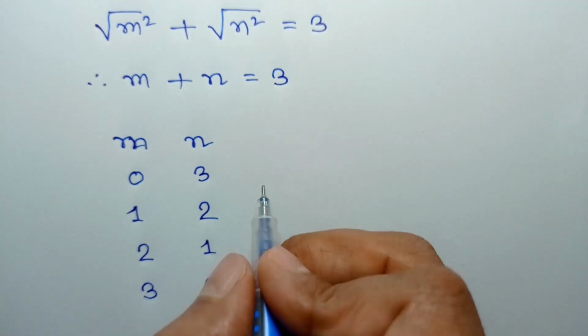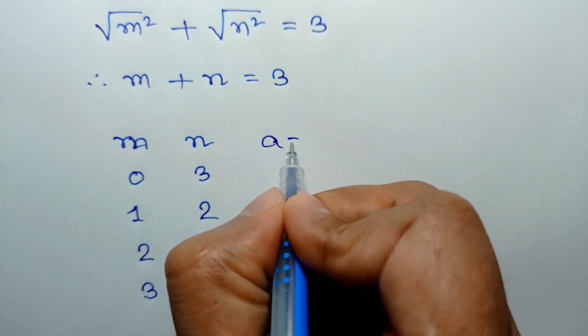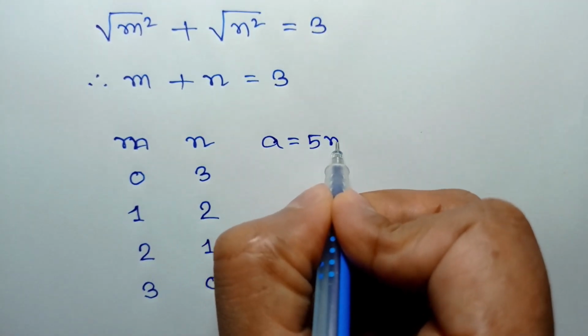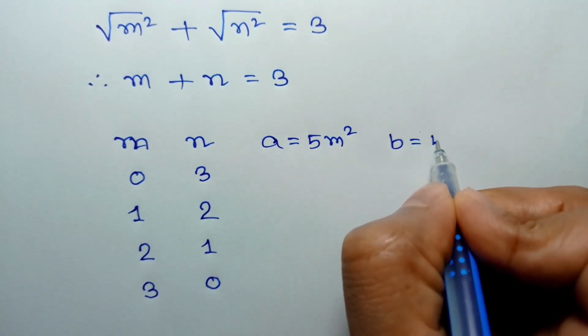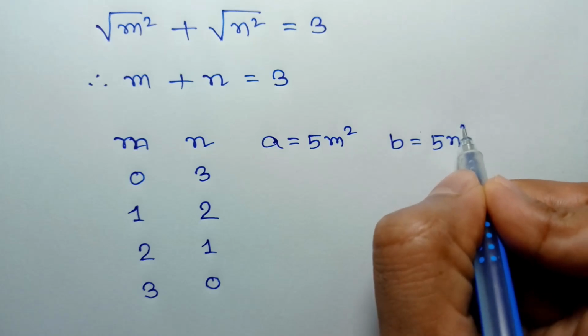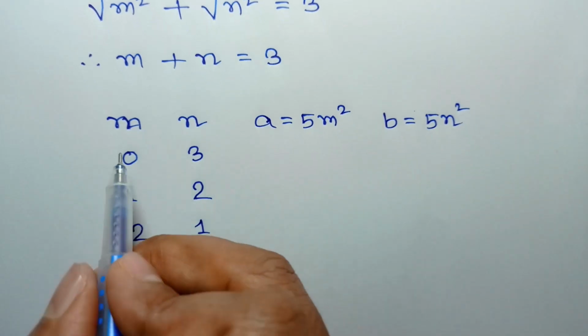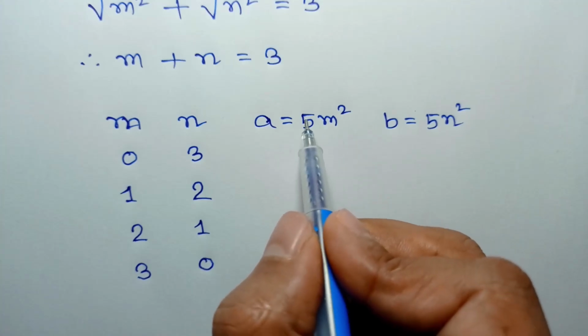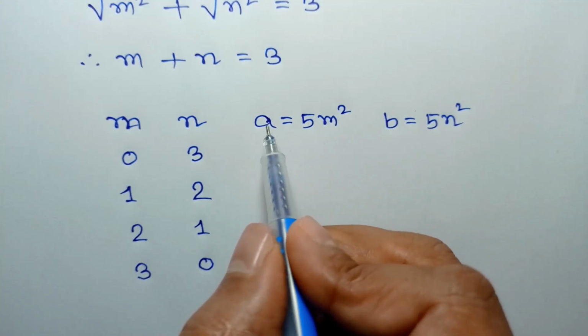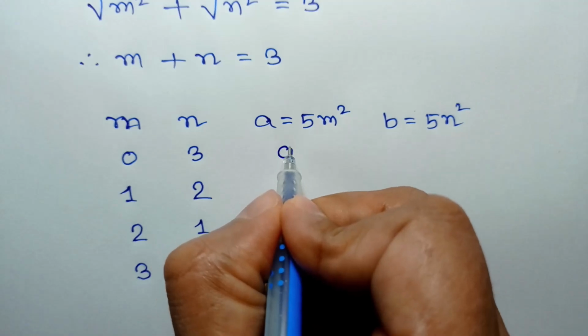As a is equal to 5m square and b is equal to 5n square, when m is equal to 0, then 0 square is 0 times 5 is 0. So the value of a will be 0.